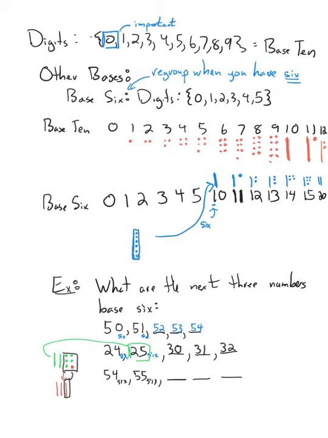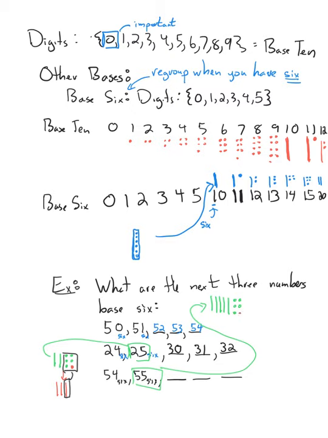So what is this? So let's draw this out again. Maybe I'll do it all the way up here. So this is 5 sixes. Remember, each of these long pieces here have 6 ones in them, since we're in base 6. And we have 5 ones.